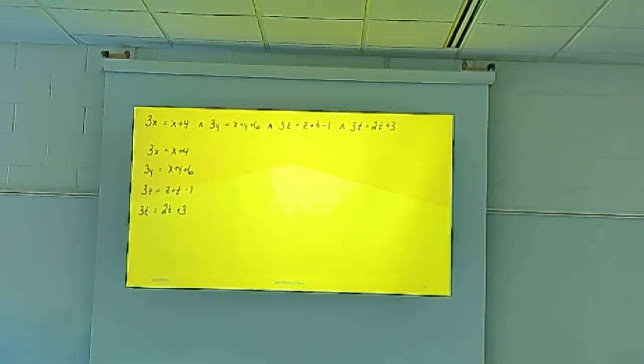From algebra, I think it's algebra 2, you redo systems of equations. Or maybe it is algebra 1. Algebra 2 is systems of inequalities. Either way, this is a system of equations. Let's rewrite these so that we have all of the unknowns on one side. We get 2x equals 4 for the first equation.